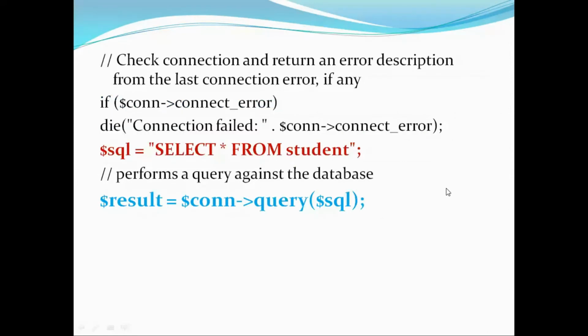The student details, selected by the select star from student query, will be stored in that $sql variable. Later on we perform the query against the database by using the function called query. The parameter for this function is the select star from student.